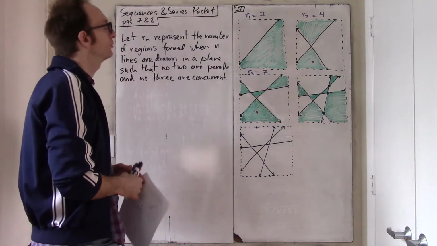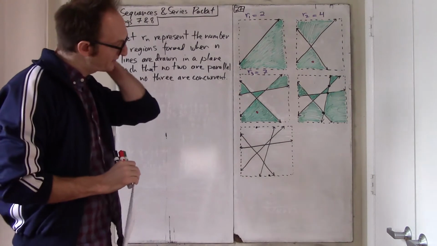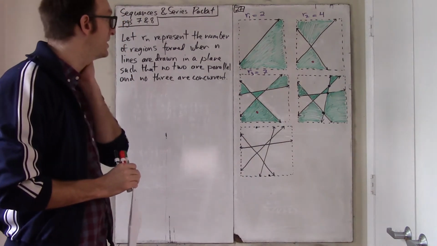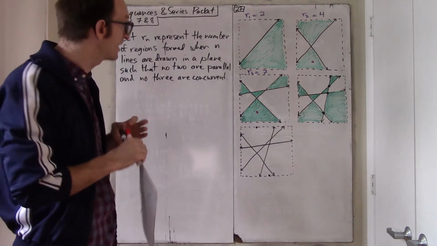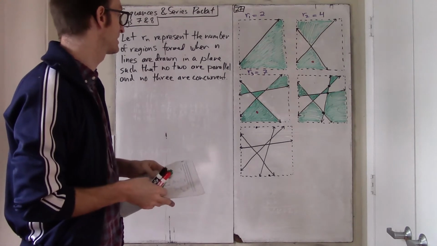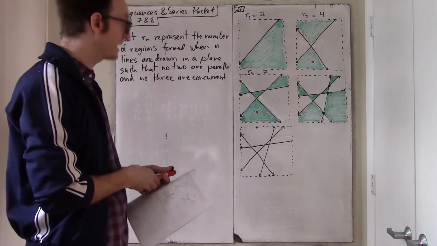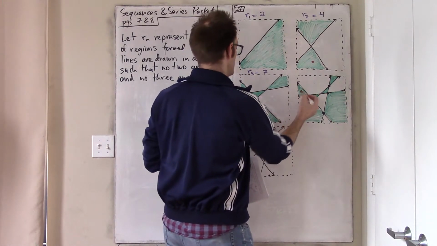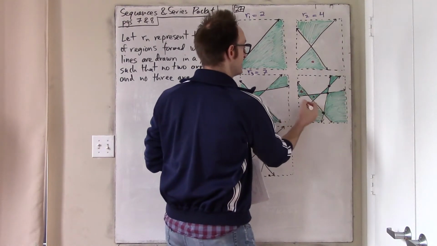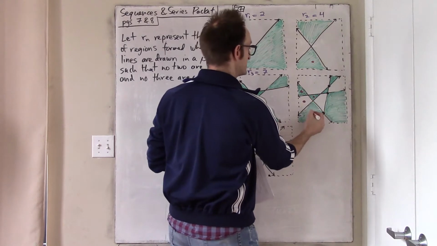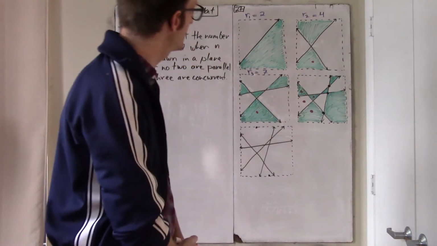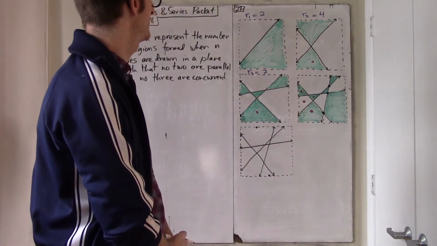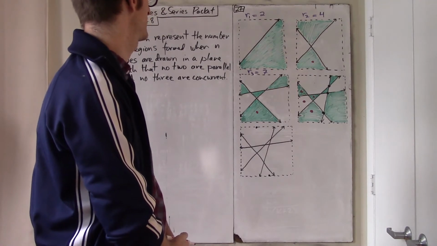But how many new regions are created? Well, I think what you need to appreciate is that some regions are totally unaffected by this cut. In particular, this region is unaffected. This region is unaffected. This region is unaffected. Is that it? I'm probably missing one.